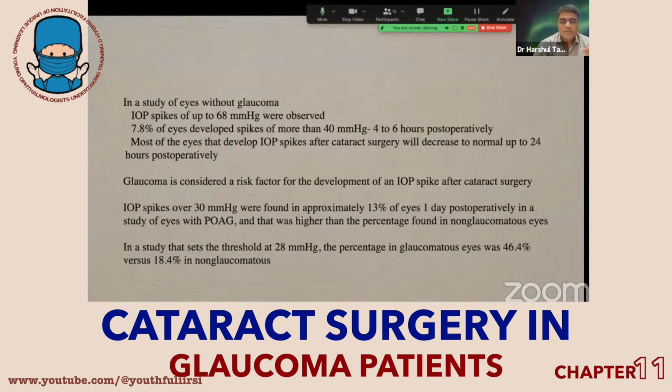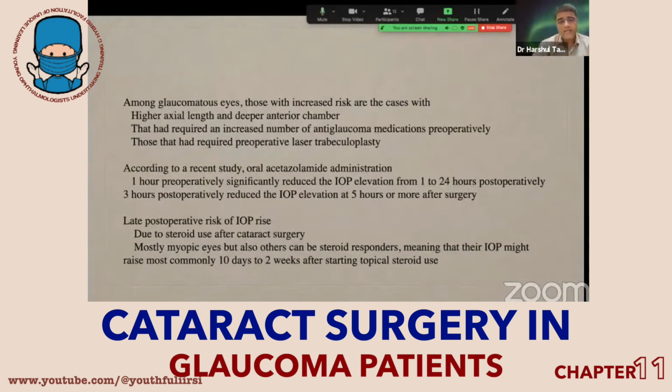IOP spikes over 30 millimeters were found in 13% of eyes in one of these studies, 1 day post-operatively in eyes with primary open-angle glaucoma, which was higher than that found in non-glaucomatous eyes. In another study that set the threshold at 28 millimeters of mercury, 46% of glaucomatous eyes had high IOP as compared to non-glaucomatous eyes.